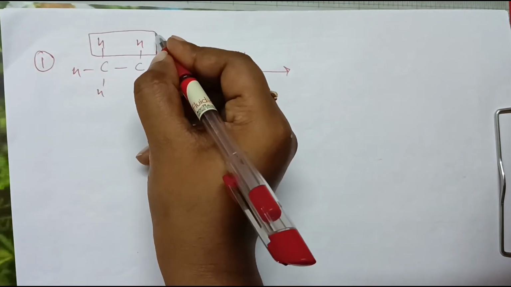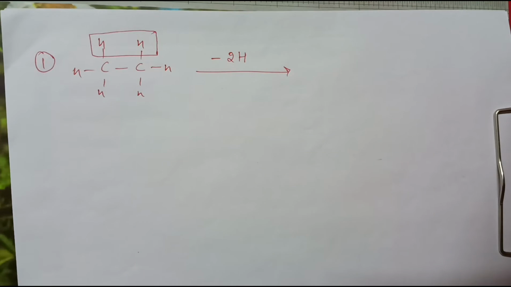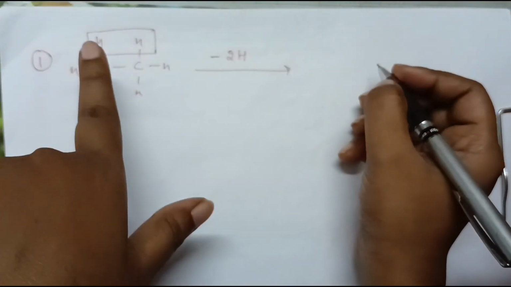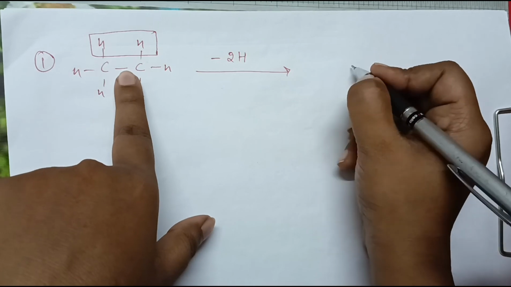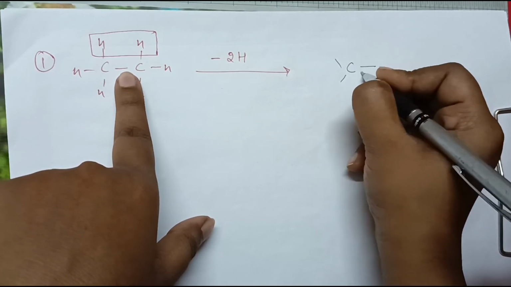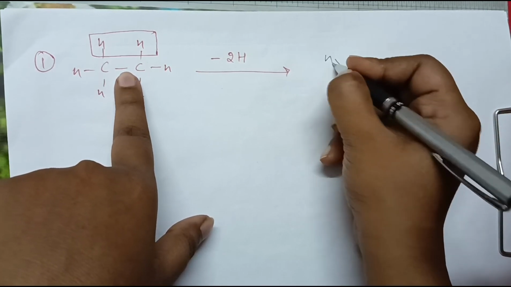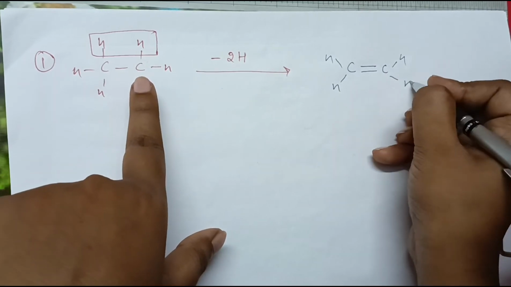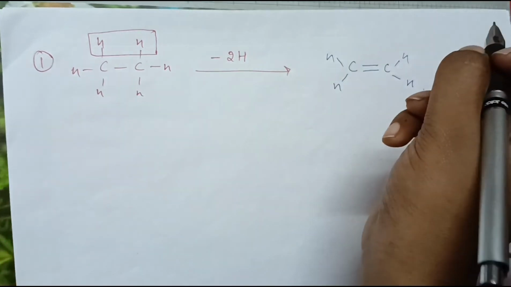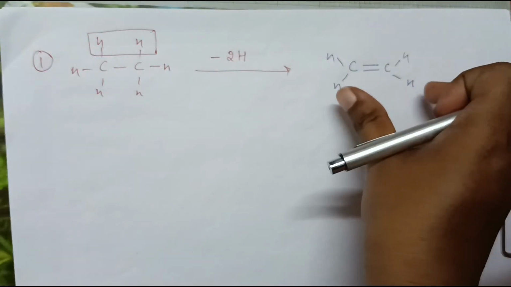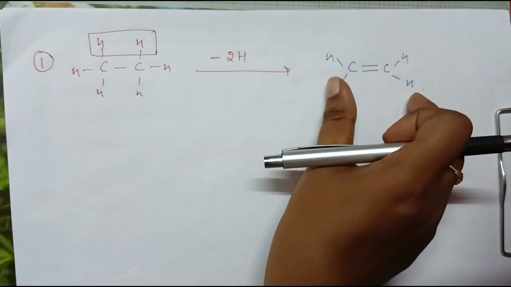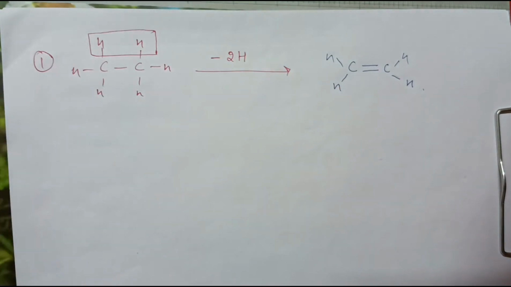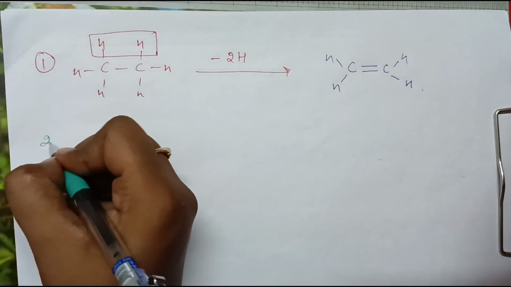If we take out two hydrogens, we can add one double bond. So we get alkene. From alkane we will get alkene by removing these two hydrogens.